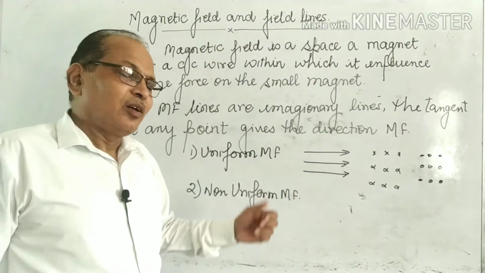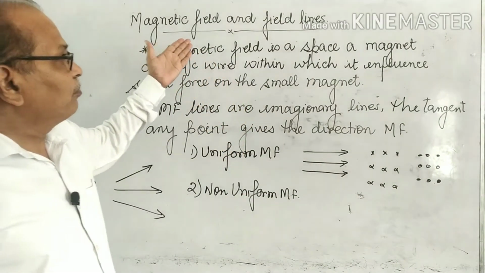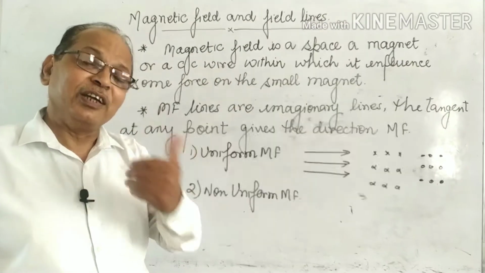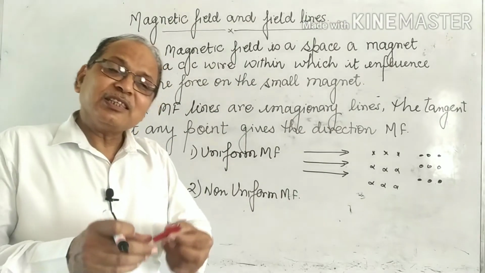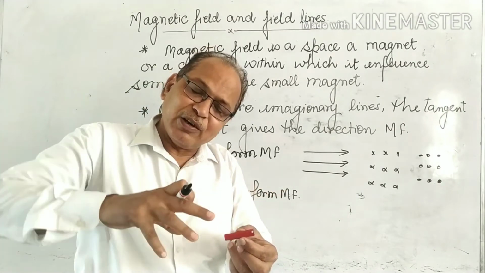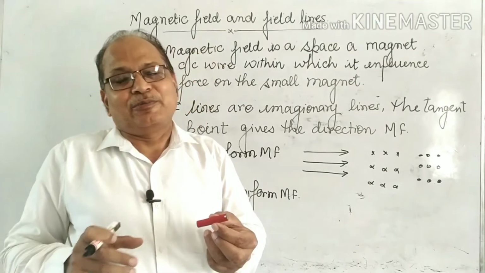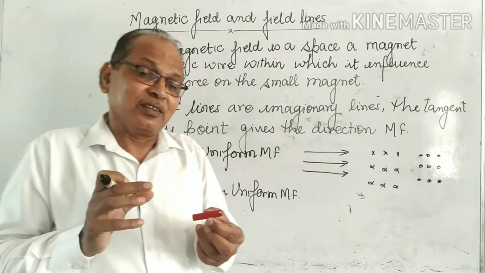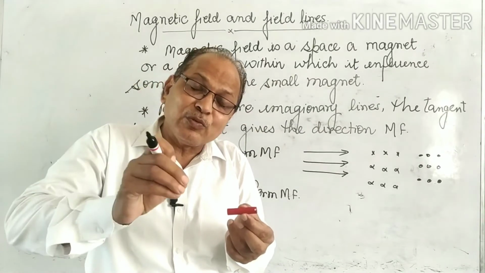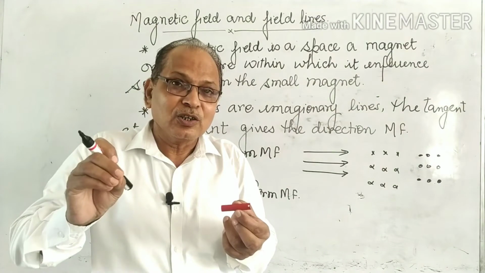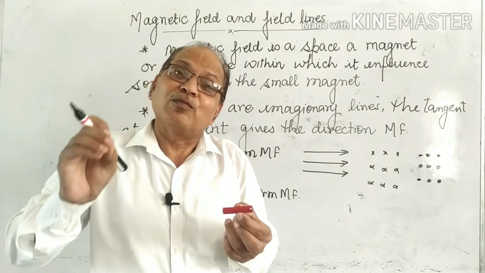Now students, we will study magnetic field and magnetic field lines. What is a magnetic field? If this is a magnet, then a region will develop around this magnet. And what is a special property of this region? If you put any magnet within this region, then this magnet experiences some force.